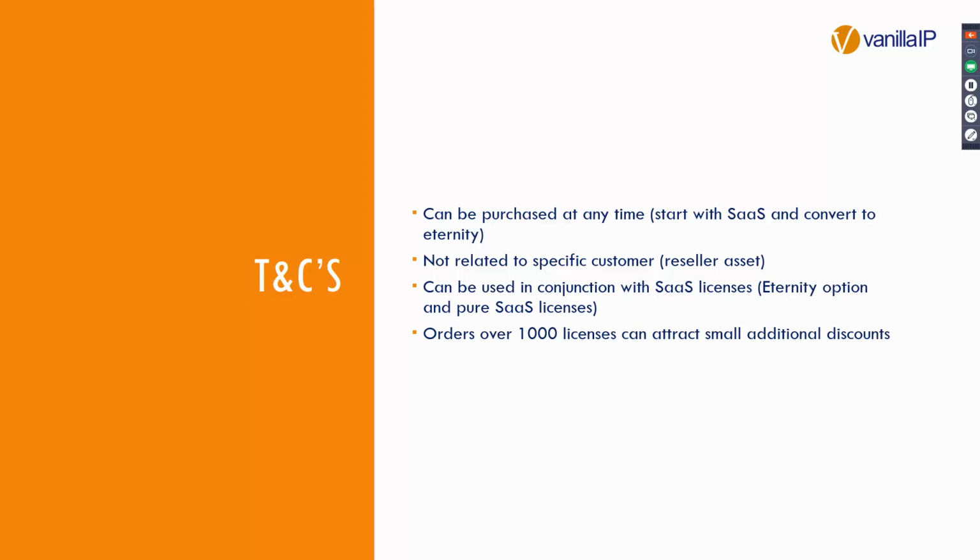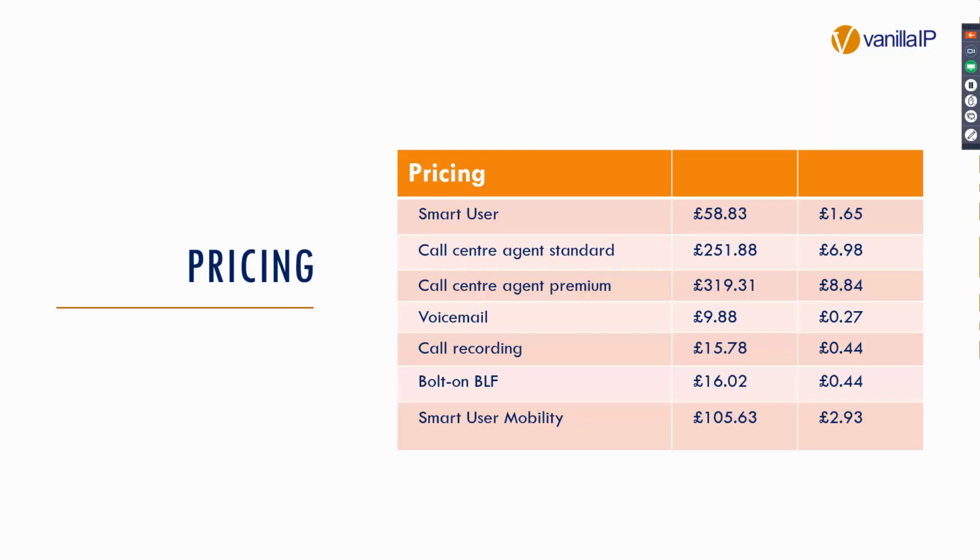And 1,000 may seem quite high, but if you roll back to what I was originally alluding to with our current offer for free smart user licenses for 12 months, when you're migrating your own current revenue users across to the VanillaIP cloud products, it may be that you run that proposition and get a whole bunch of customers on, and then in 12 months, 15 months, 18 months time, you may choose to convert all of those to an Eternity model at the same time, in which case happy days, we'll sit down and discuss the pricing with you.